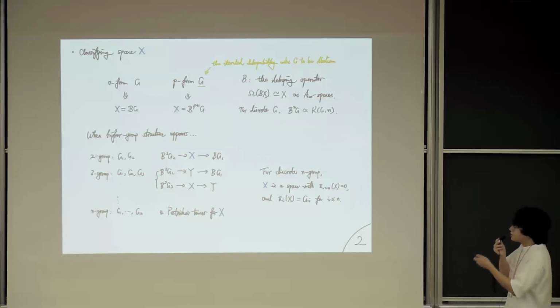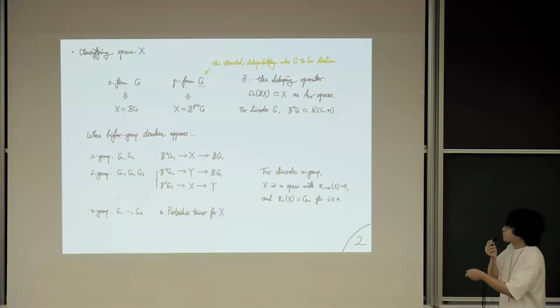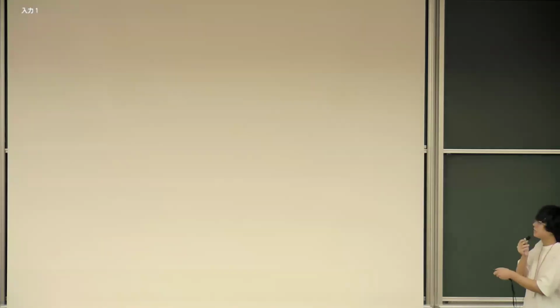If there's no non-trivial higher group structure, then the classifying space is just the direct product of all the individual classifying spaces. However, if we turn on a non-trivial higher group structure, then we should turn the direct product into a twisted product. Or more rigorously, we should use a fibration.